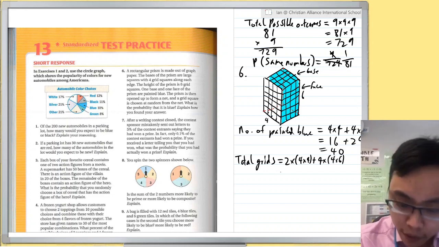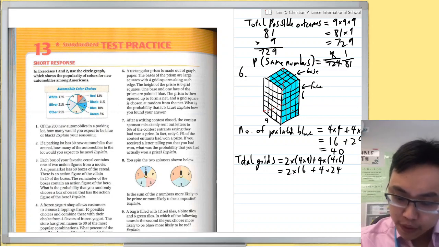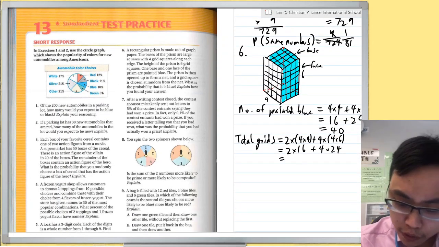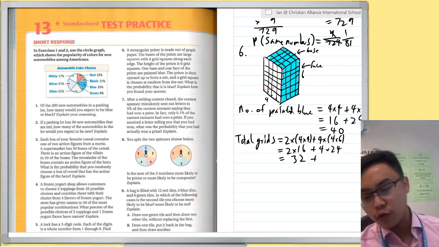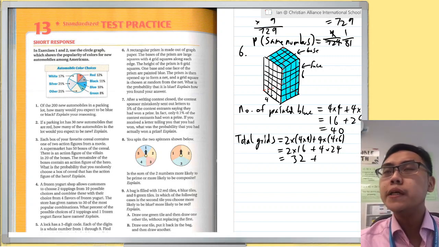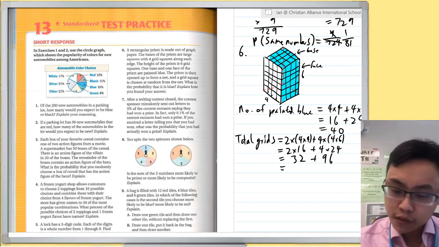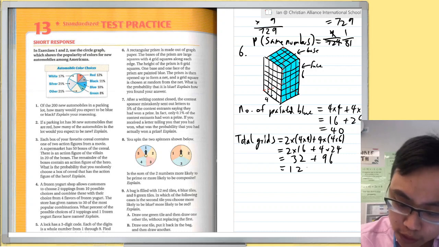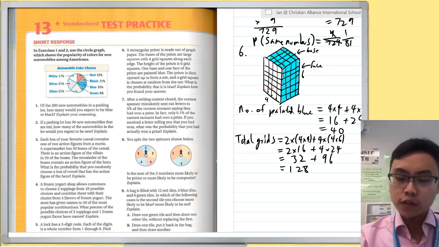And so if we work that out, that's going to be 2 times 16 plus 4 times 24. That's going to be 32 plus, what's 4 times 24? That's going to be 48 times 2. 48 times 2 will be 96. And so once we add those together, that's going to be 128 squares in total.